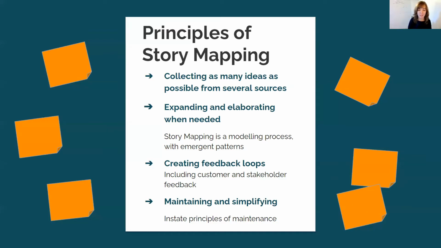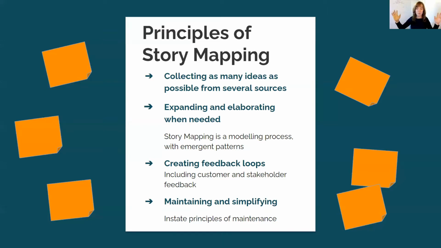Once you have a story map and you have something to work with, you should try with your team to create some principles for how you're going to maintain it. A story map being in its essence something that is expanded on and grows, there's the risk that it grows so big that it doesn't provide transparency anymore.